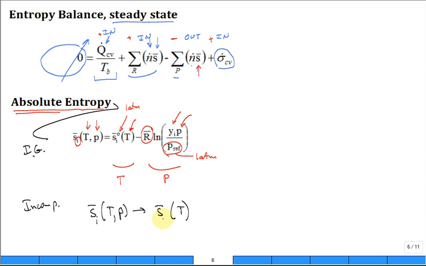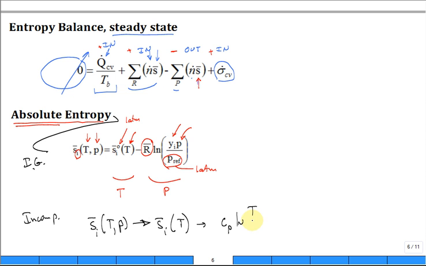That's our standard approximation. Because it's incompressible, the pressure doesn't change the volume, hence the pressure can go up or down but not change the entropy. If you wanted a simple model, it would be something like C sub P natural log of T divided by T ref. But the important point is that it's a function of temperature only.